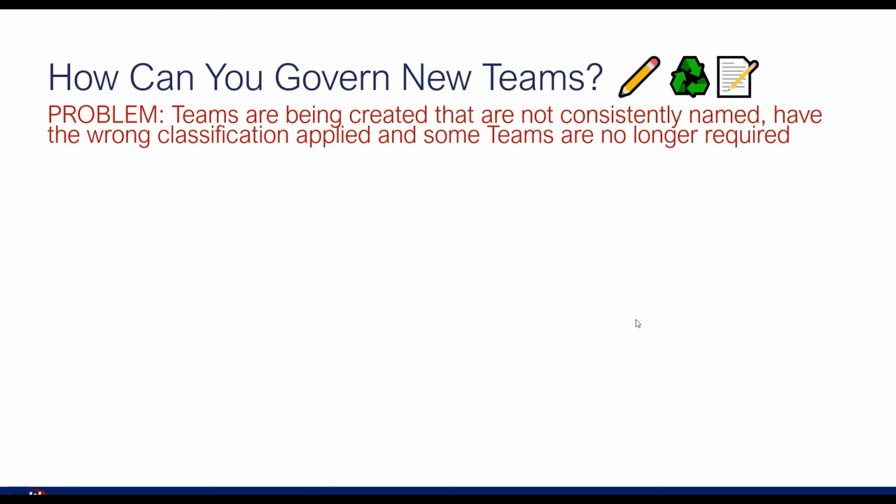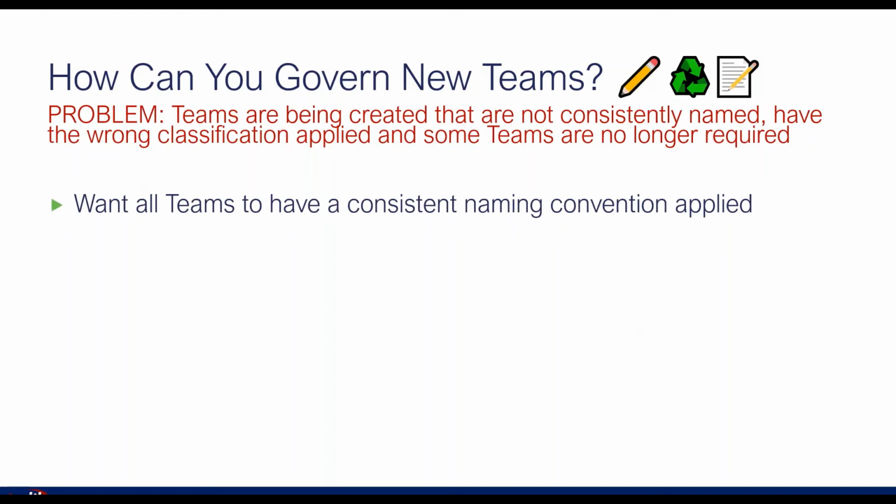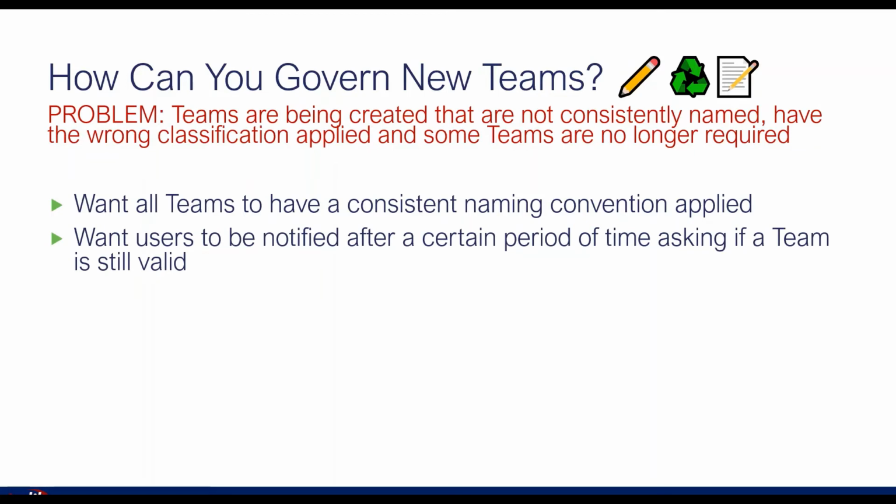And you may also find that you've got some teams that just linger around for longer than is required. So you may want to do some due diligence in terms of cleaning them up, whether it's to automatically delete them or just to archive them out of people's way. So you want to ensure that all teams have a consistent naming convention applied. You want the owners of those teams to be notified, asking if that particular team is still valid.